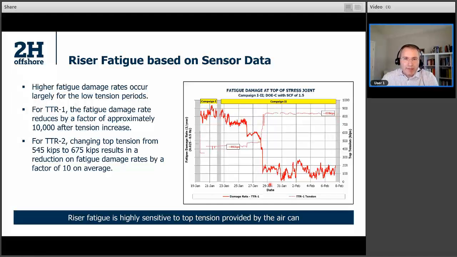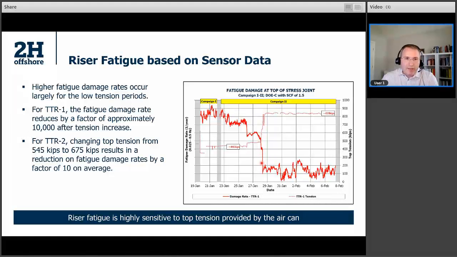When we look here, we see that the TTR1 fatigue damage rate reduces almost by a factor of 10,000 after the tension increase. So this is a drastic change in the fatigue response.